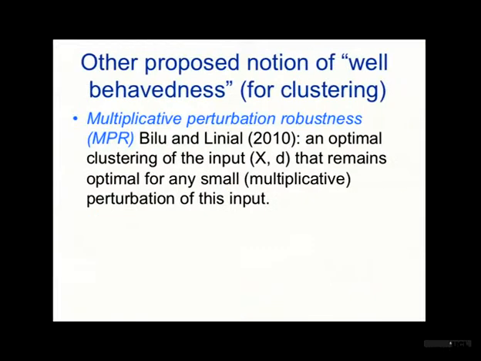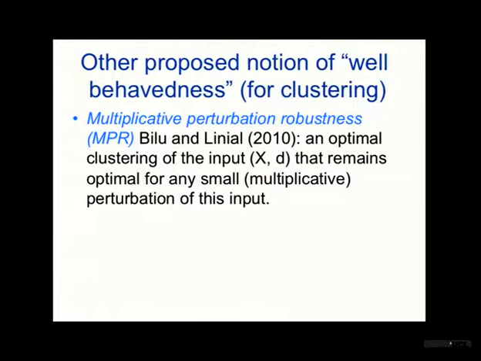The first one was really the paper that called attention to this direction of research. That was the paper of Bilu and Linial from 2010. They did something very similar, but instead of additive robustness, they talk about multiplicative robustness. What's multiplicative robustness?